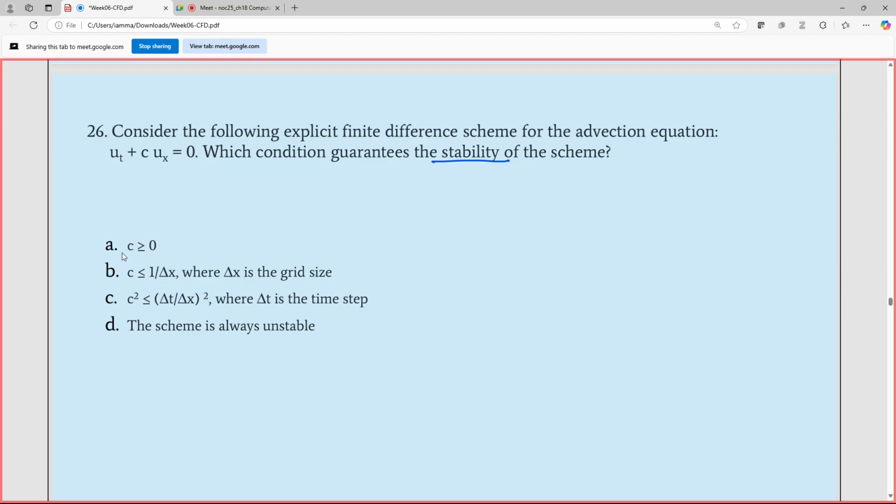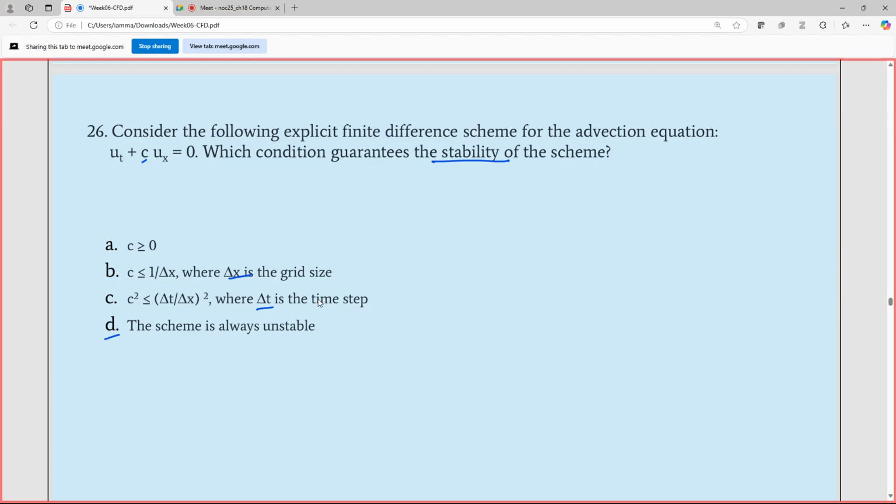Option A, c, that is the advection coefficient c, is greater than or equal to 0. Option B, c less than or equal to 1/Δx, where Δx is the grid size. Option C, c² less than or equal to (Δt/Δx)², where Δt is the time step. Option D, the scheme is always unstable.